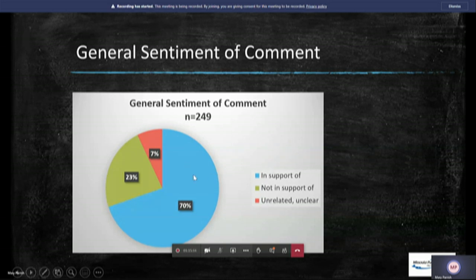And then 7% of those comments were really unrelated, or it was indeterminate which way the person was leaning, and we didn't want to make a determination where the writing wasn't there to indicate one way or the other. So some of them landed in this 7% unrelated, unclear.